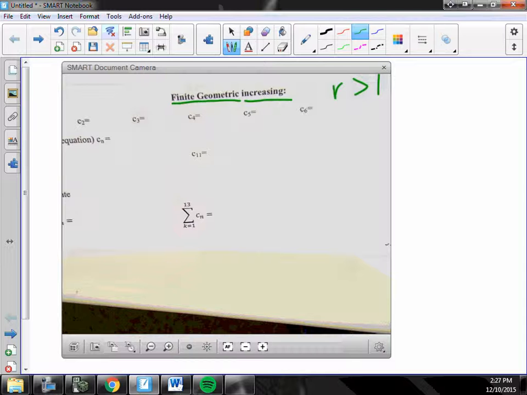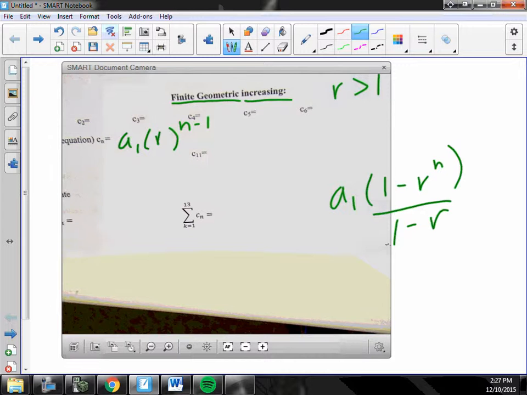So the explicit equation for geometric is a sub 1 times r to the n minus 1, and then you just adapt it to your particular case. And then the summation formula is a sub 1 times 1 minus r to the n over 1 minus r. And that's how you add up the first 13 or the first 18 or however many terms you want. Turn the page.